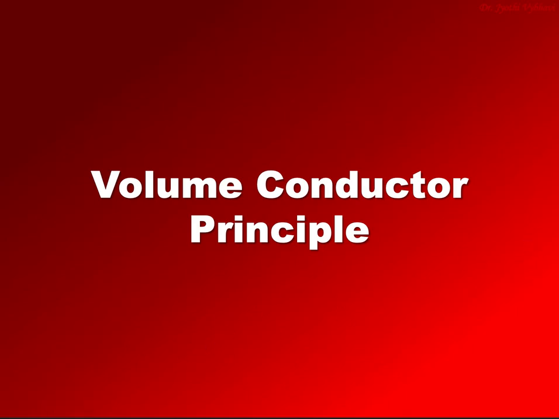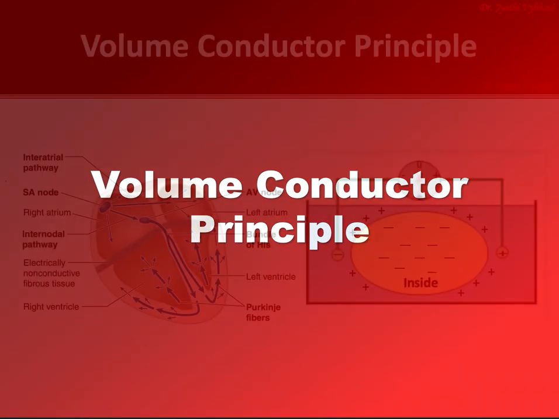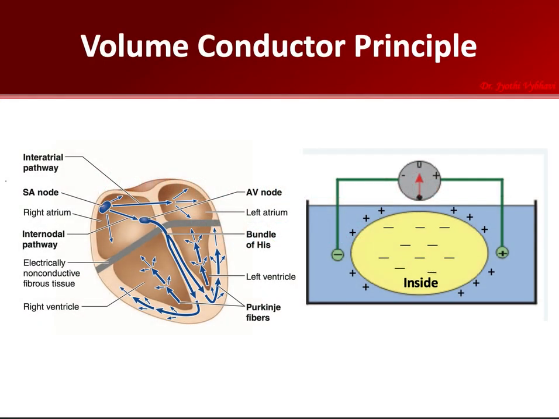You should remember that the ECG works on the volume conductor principle. This we had discussed in the very beginning. The primary source of current is the heart. It produces electrical currents when it is undergoing depolarization or repolarization.